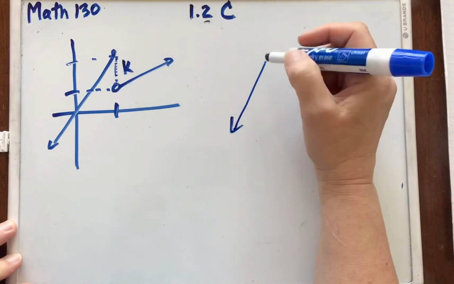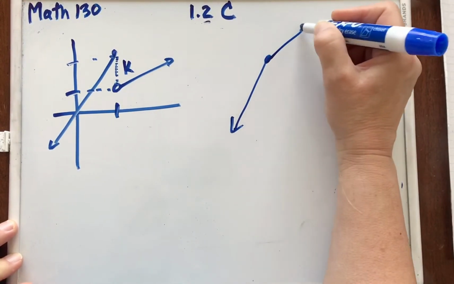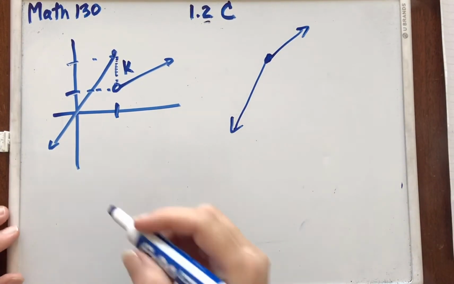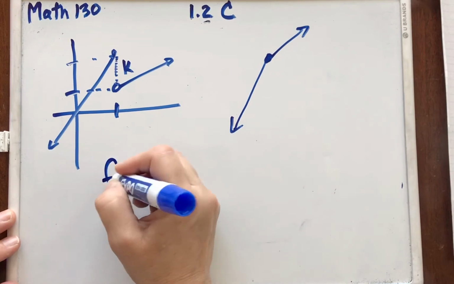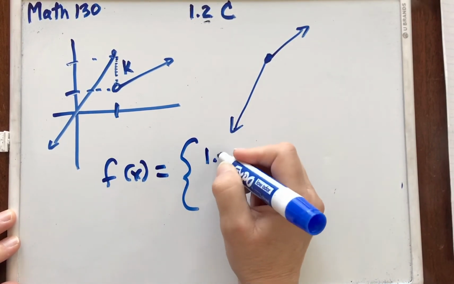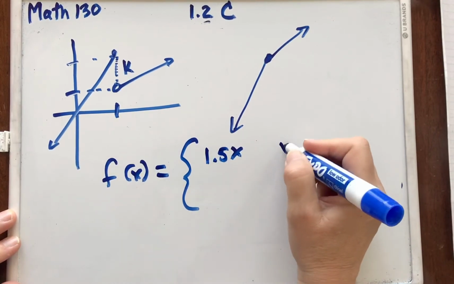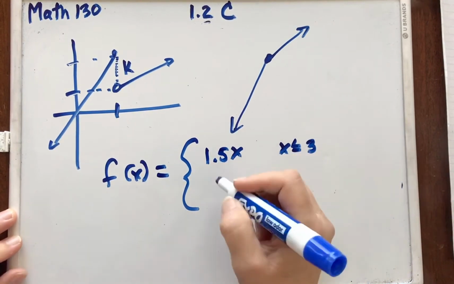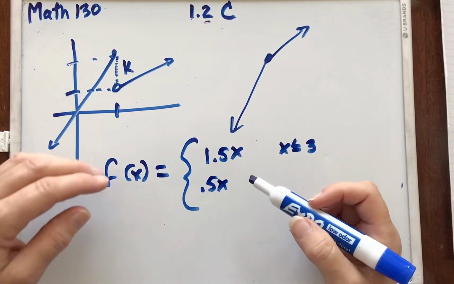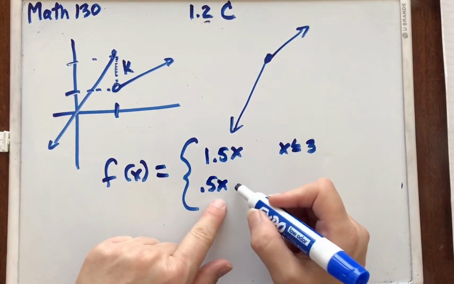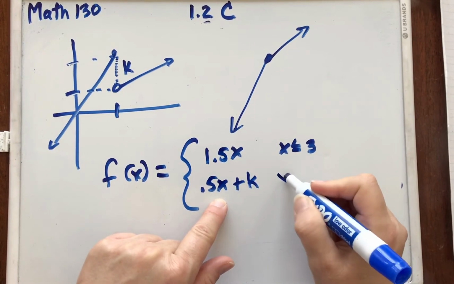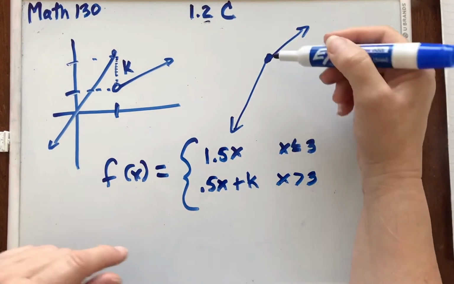If we lifted this up, then we would look like this, right? So we have to lift it up k units. So in doing so, we still have 1.5x for x less than or equal to 3, and 0.5x, and now what we want to do is lift this up k units for this one, so we're going to add k for x greater than 3, and that'll take it up.